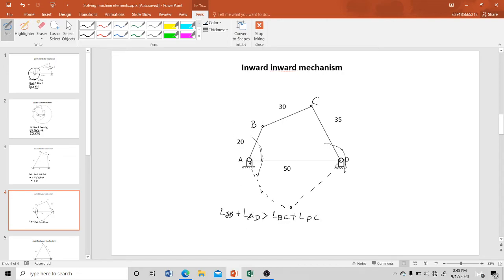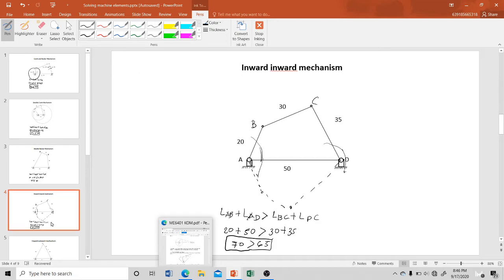So length AB we have 20 plus 50, and then length BC is 30 plus length DC is 35. So this is 70 and this equation is 65. It means that this equations ni satisfy siya into non-Grashof's chain.